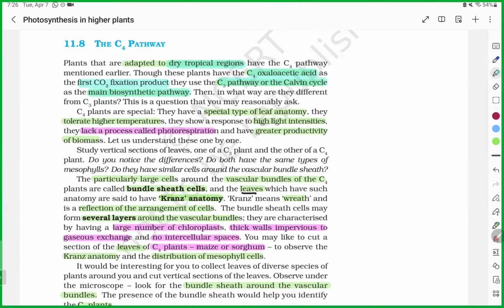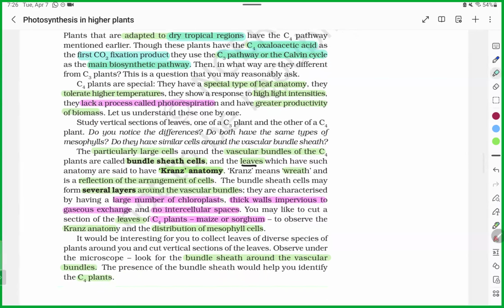Second, in C4 plants, the first product is oxaloacetic acid. Third statement, in C4 plants, the C3 pathway is also present, and the C3 pathway is responsible for food formation. Correct? Then what is special in the C4 plant? Their leaf structure is different. They can tolerate very high temperature.